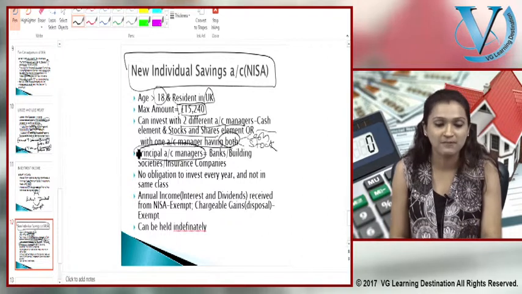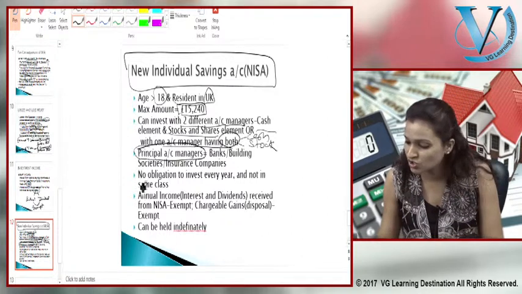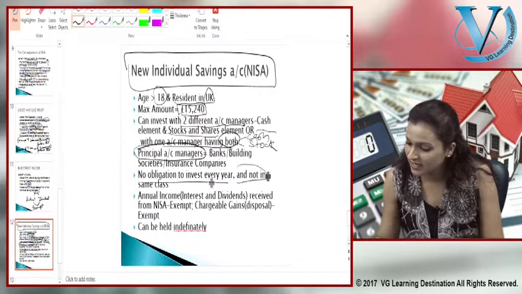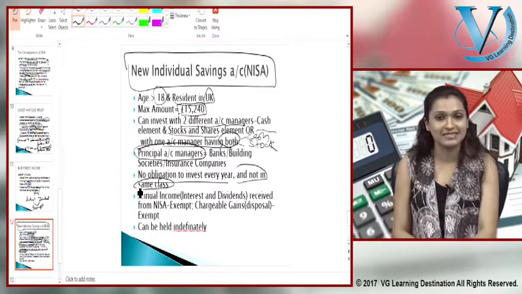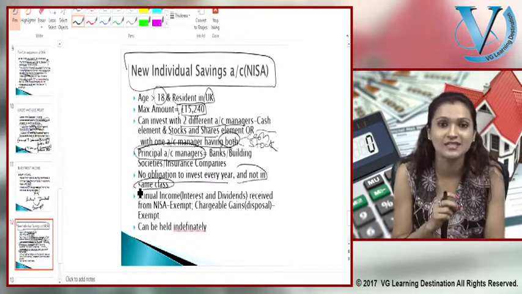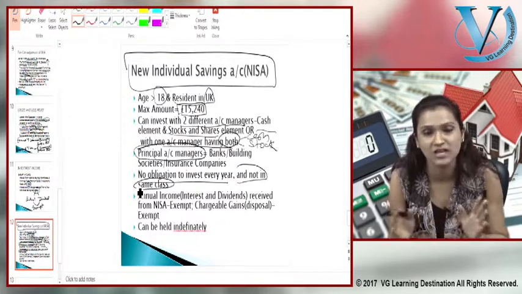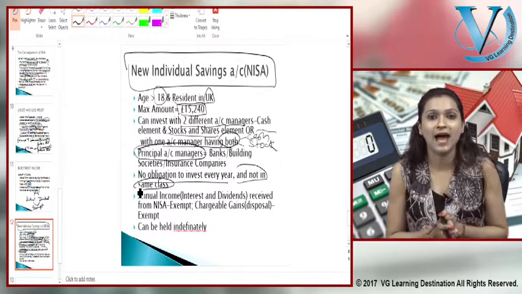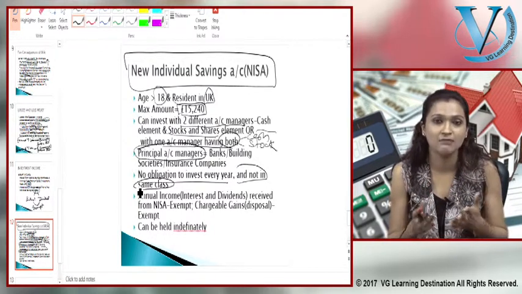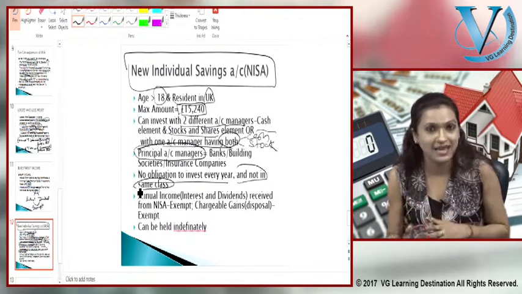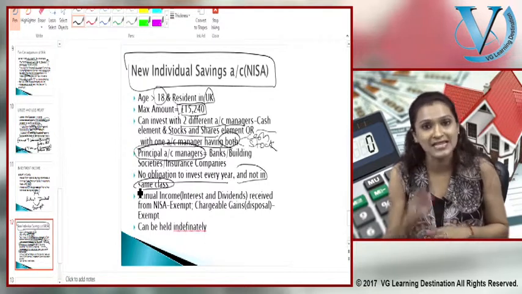What else? There is absolutely no obligation to invest every year, and no obligation to invest in the same category or class. Supposing in 15-16 I have invested the entire £15,240 in cash, next year I can go ahead and purchase bonds.